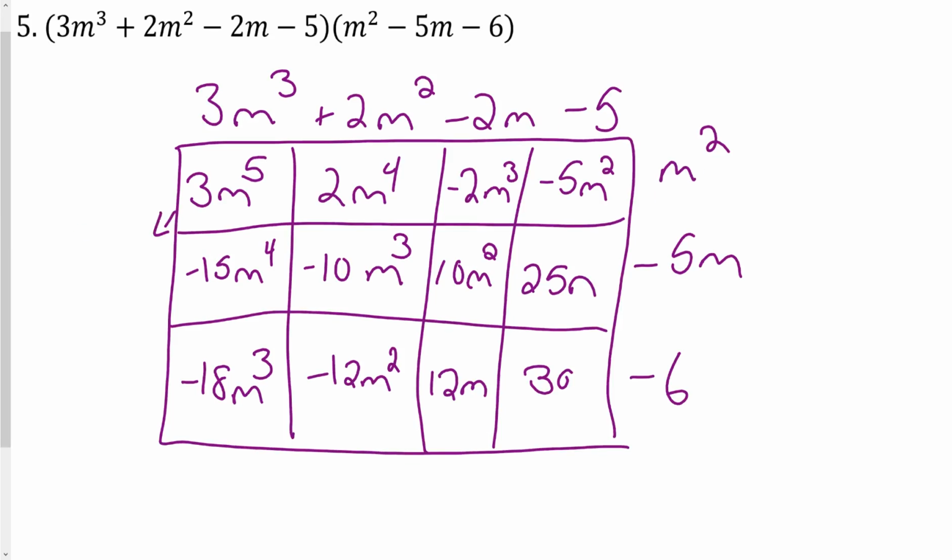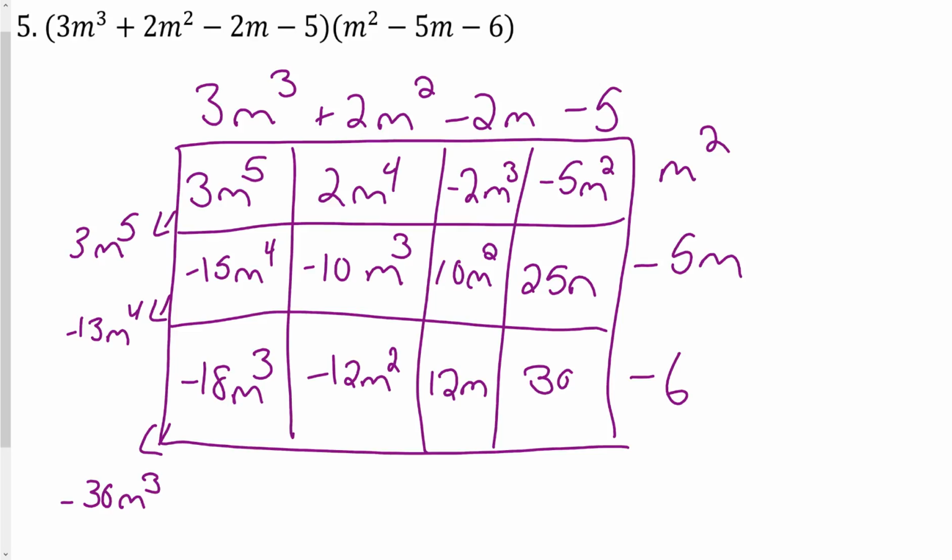So we get 3m to the 5th, 2m to the 4th minus 15m to the 4th is minus 13m to the 4th, minus 2m cubed minus 10m cubed minus 18m cubed is minus 30m cubed, minus 5m squared plus 10m squared minus 12m squared.